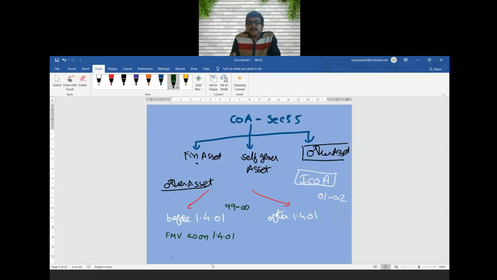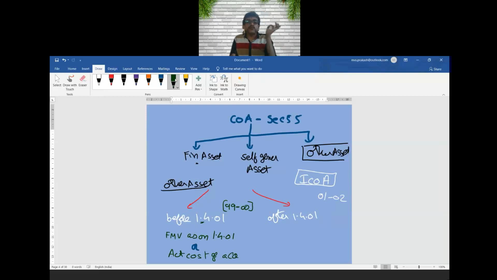So ultimately the asset was purchased before 1st April 2001. The Act gives me two things. It says either you consider the fair market value as on 1st April 2001 or you take your actual cost of acquisition, whichever is beneficial to the assessee.